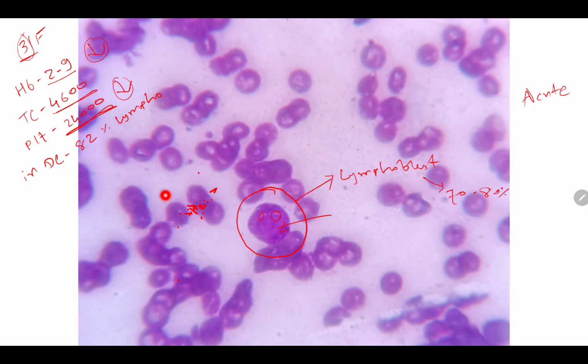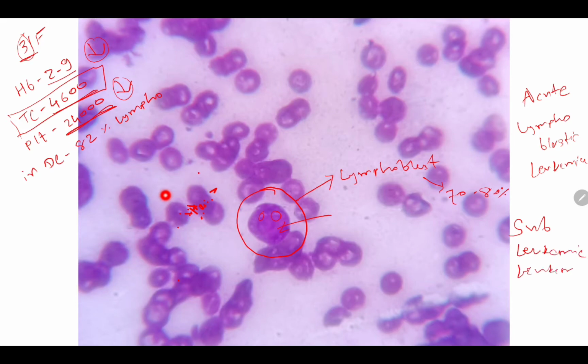So it was diagnosed as acute lymphoblastic leukemia. As I discussed in my earlier video on the leukemia approach, here the TC is normal, so we can subdivide this into subleukemic leukemia. I hope you enjoyed this. Thank you.